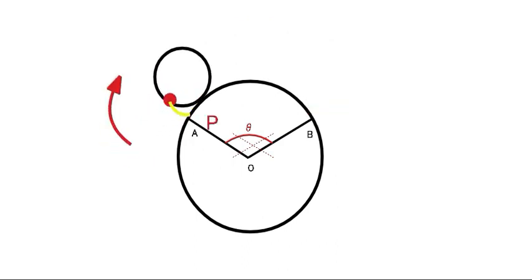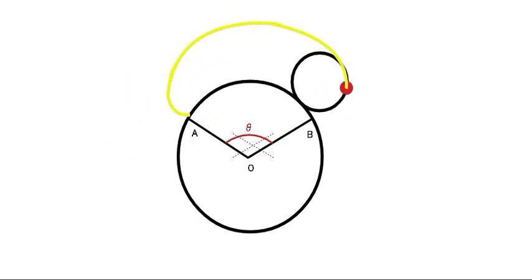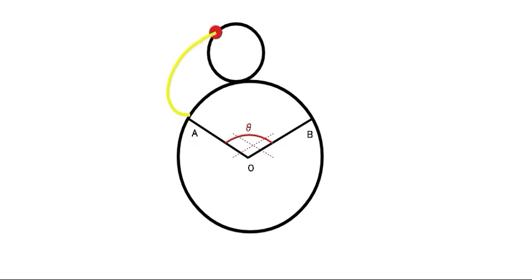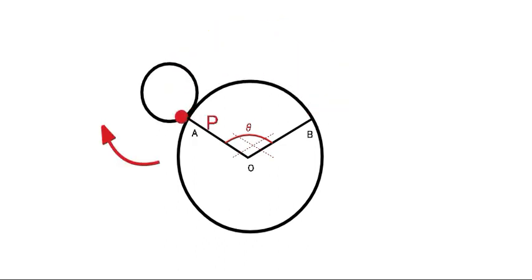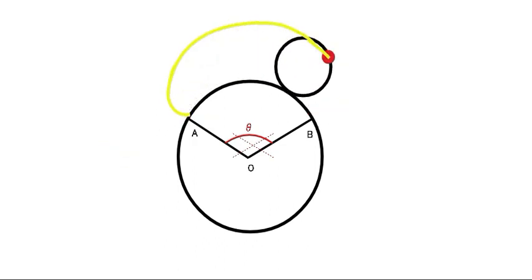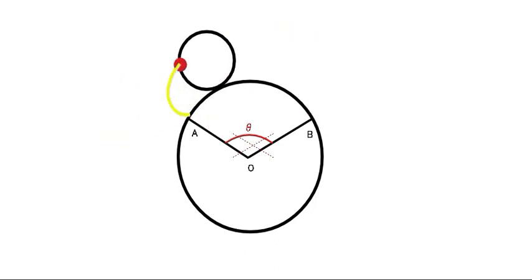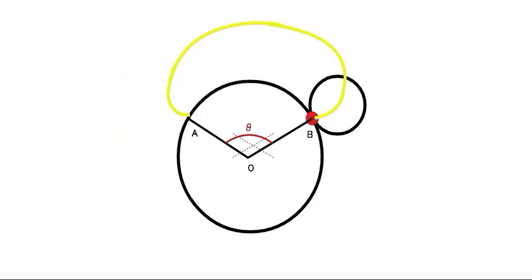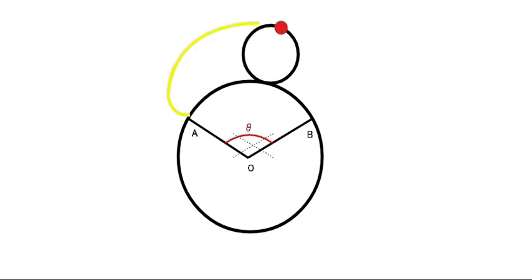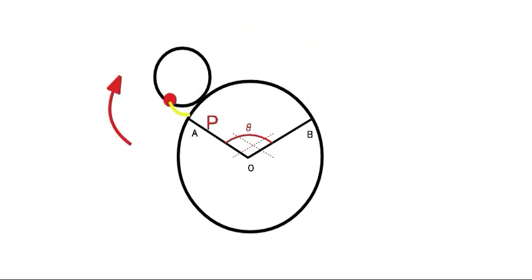This arc will form a sector. This sector is the only portion we have to consider for drawing the epicycloid. The sector portion has an angle of theta, so we have to determine the value of theta.